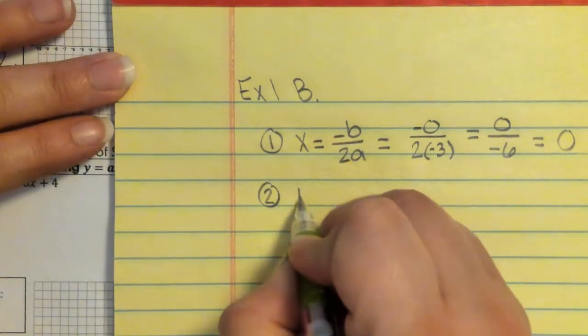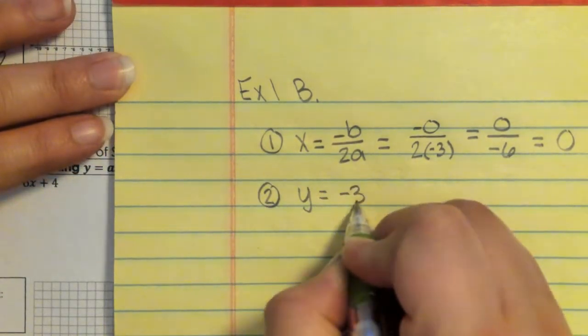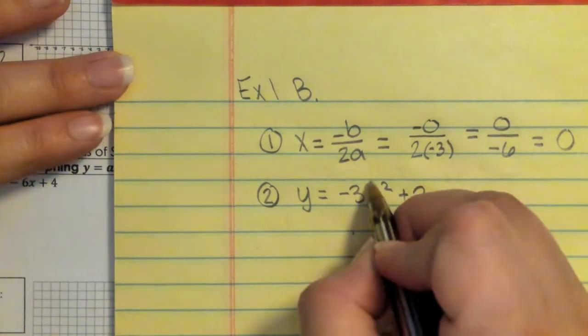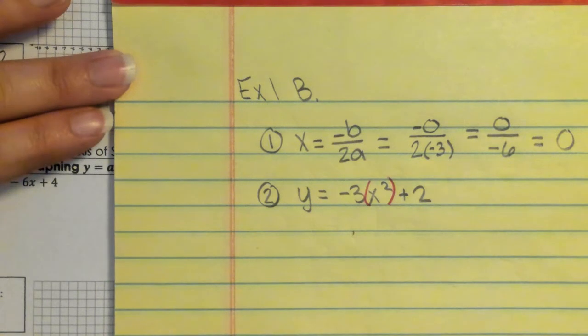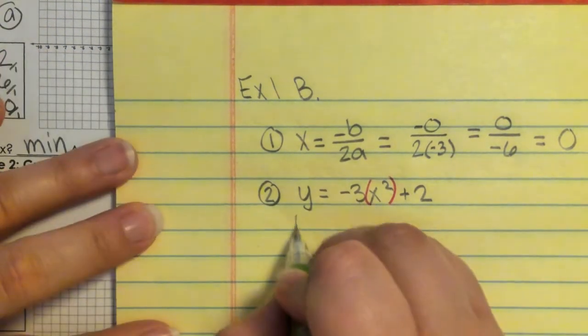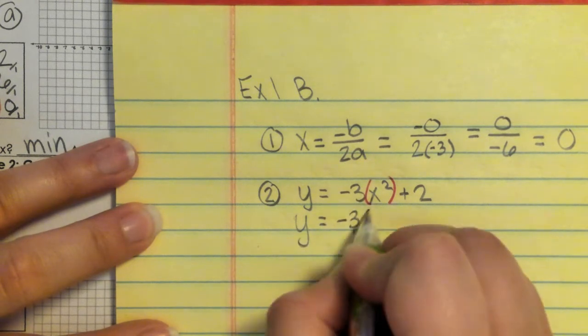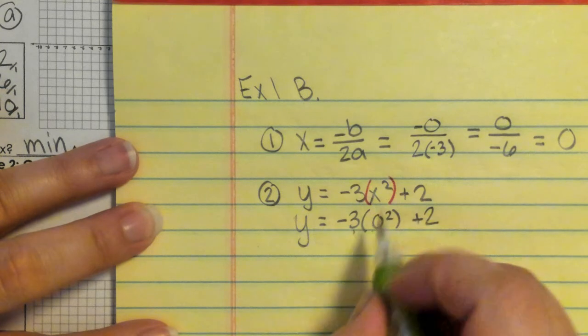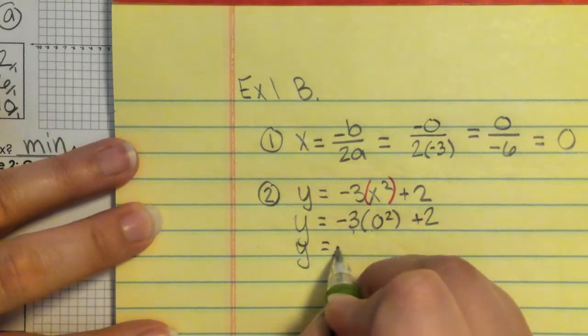Step 2 is I take the original equation, and remember, put parentheses around the x squareds. Okay, and then we're going to plug that 0 into x. So 0 squared is 0.